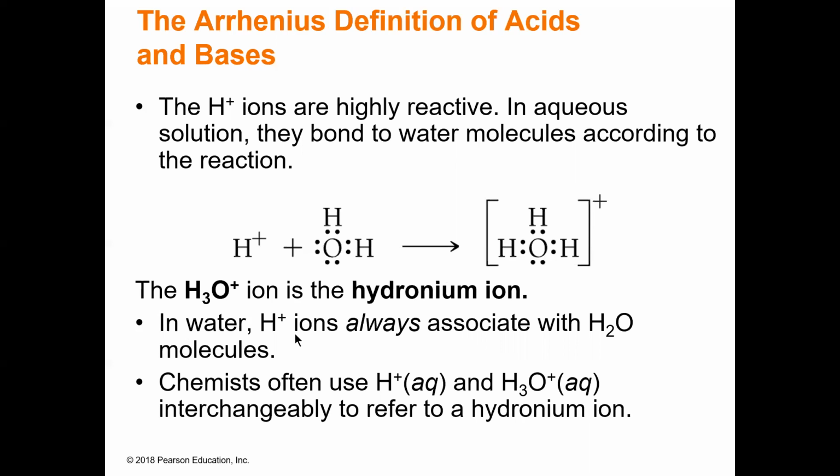So in water, we're always going to have H plus ions and H2O molecules associating with each other. Because of that, chemists will often use H plus or H3O plus. Either of these can be used interchangeably. So you might see things written with an H plus, or you might see them written with an H3O plus.